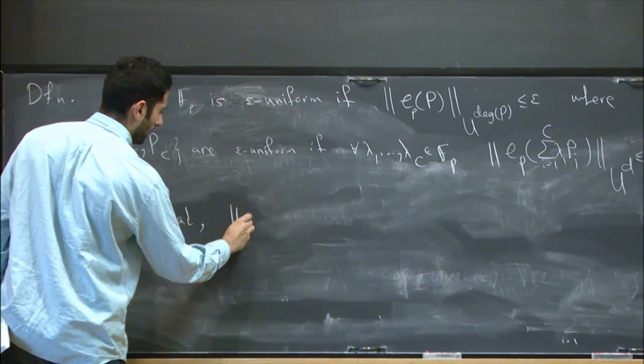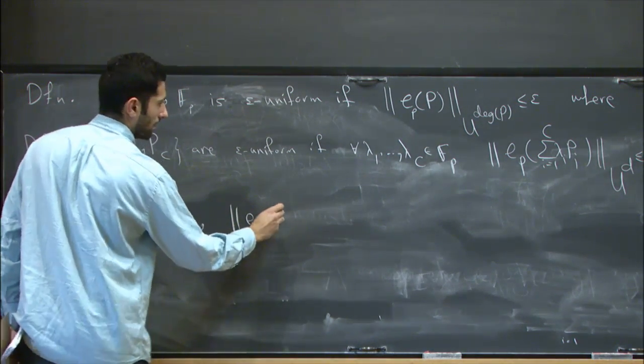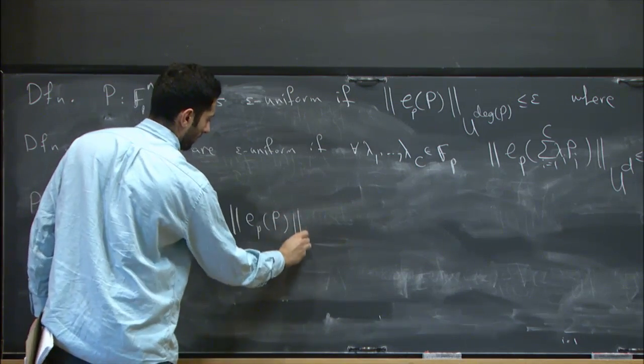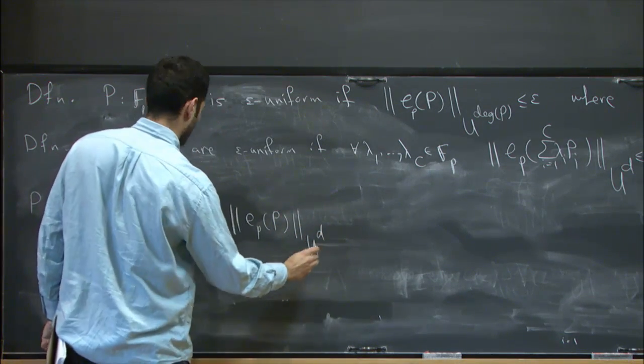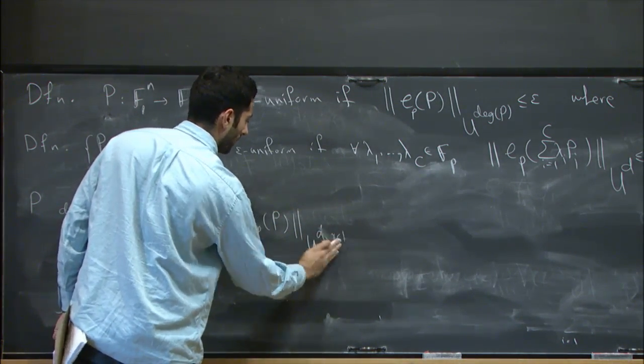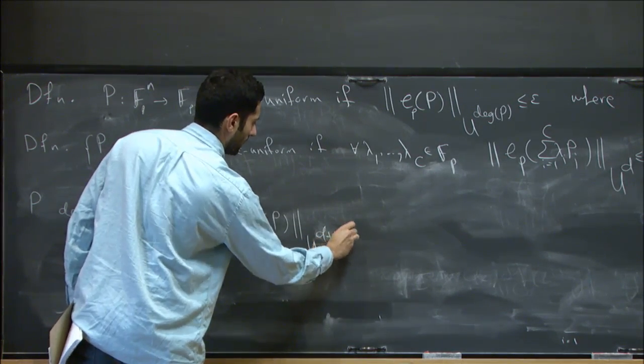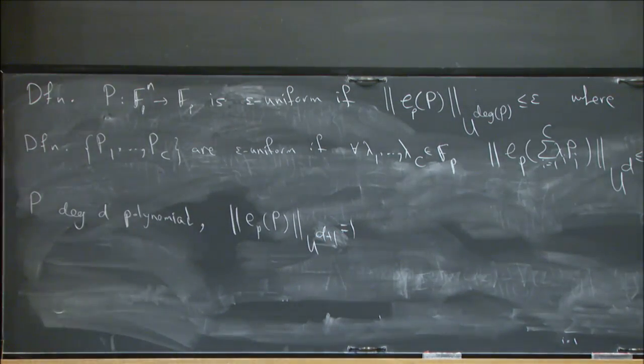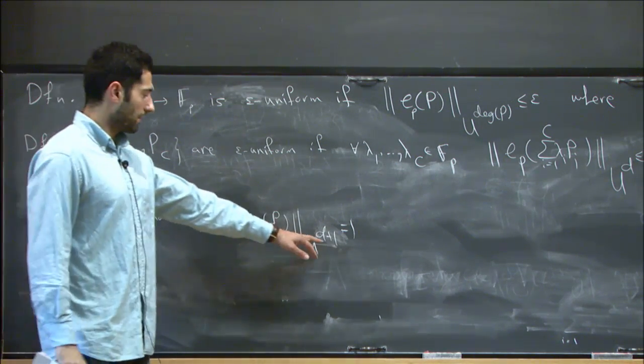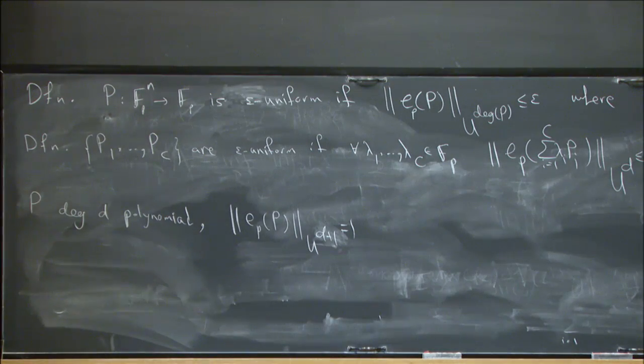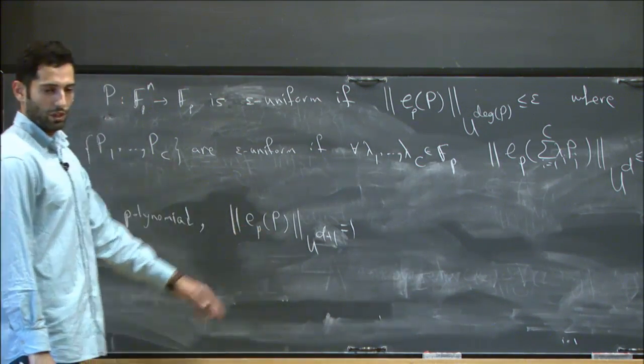So we know that the U^(d+1) norm of e(P) will be identically 1. Why? Because the (d+1)-th Gowers norm can be thought of as taking the (d+1)-th additive derivative in the exponent of P.